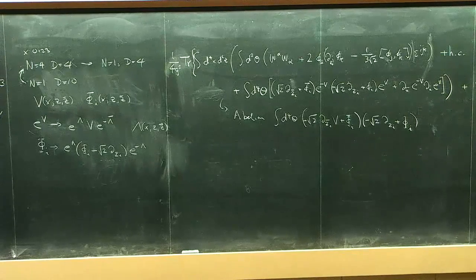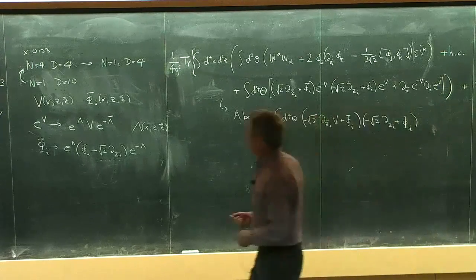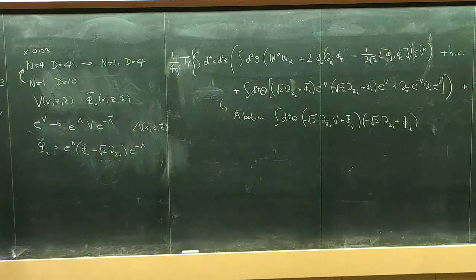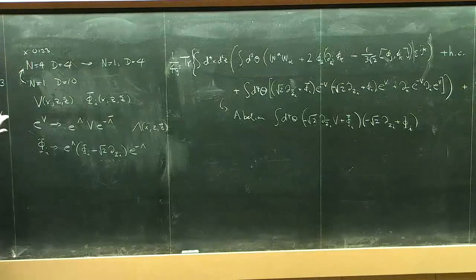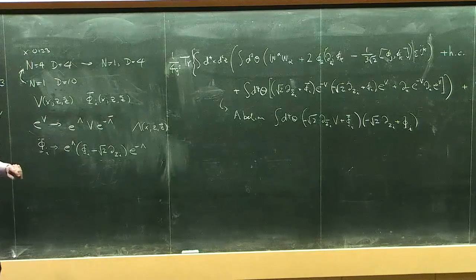Okay, so now for our system, for the D3, we're going to dimensionally reduce on Z2 and Z3. For the D3 prime, we're going to dimensionally reduce on Z1 and Z3, and so you can ignore some of these things.